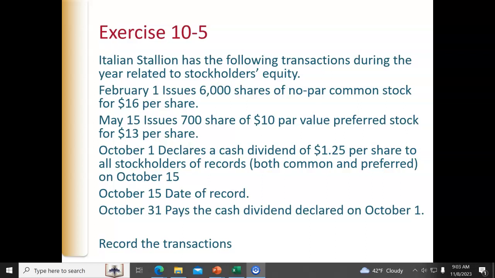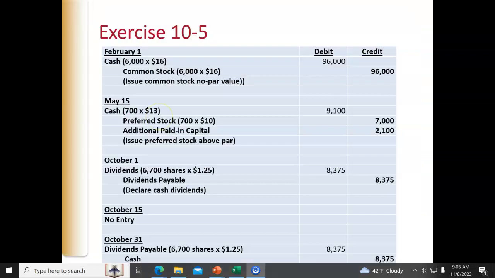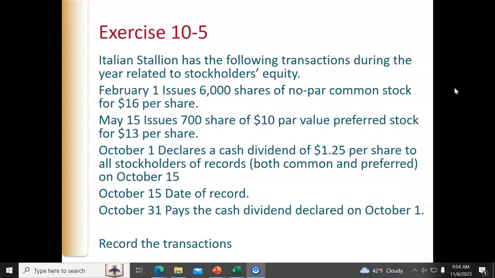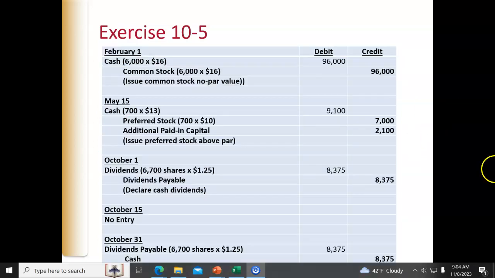Okay, guys, so the first journal entry issues 6,000 shares of no par common stock at $16 a share. We debit cash, and all of it gets credited to common stock. When we issued our preferred stock, 700 shares of $10 par value preferred stock at $13 a share, we debit our cash, we credit the preferred stock for the par value, and we credit our additional paid-in capital.